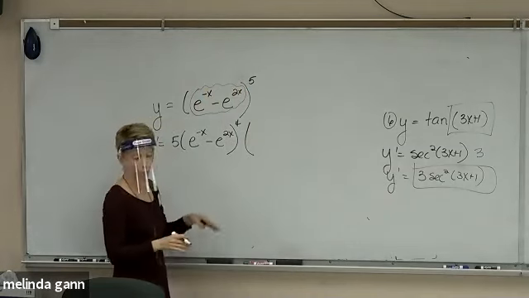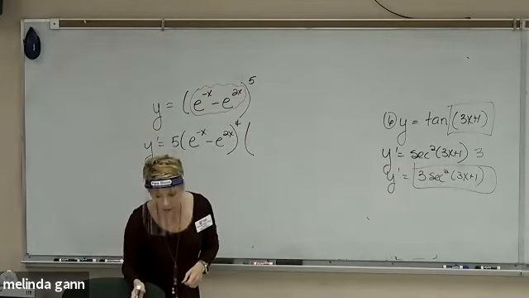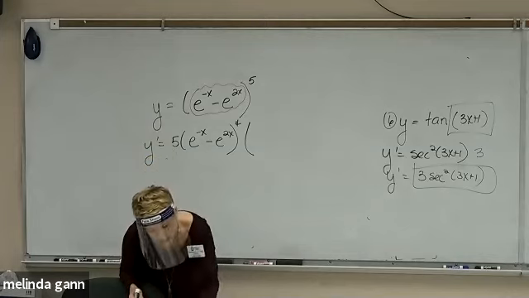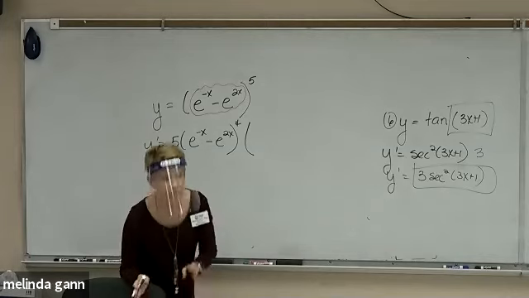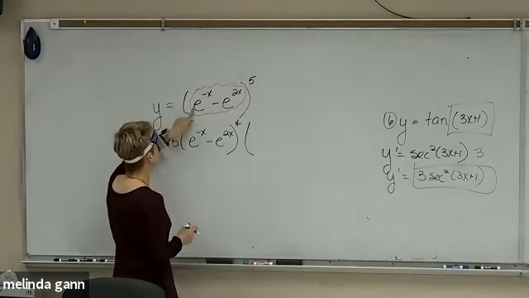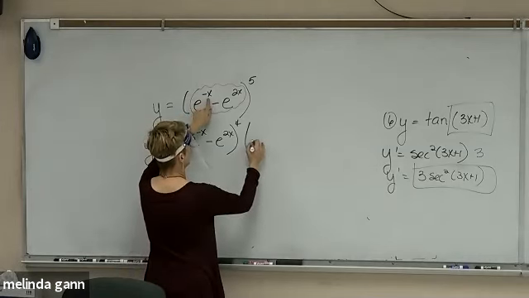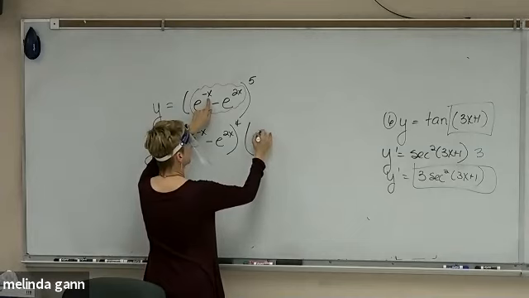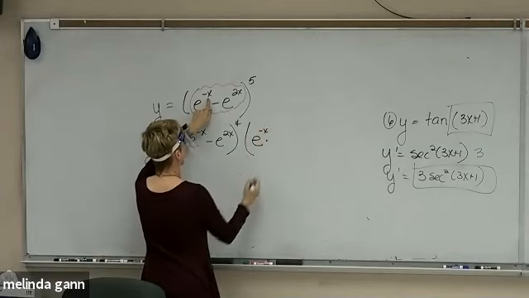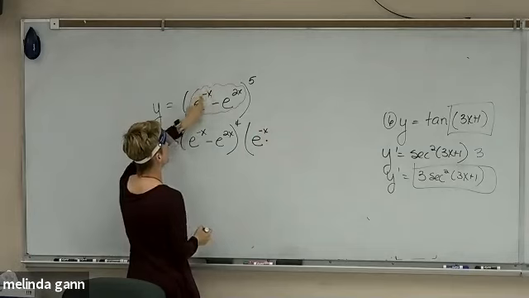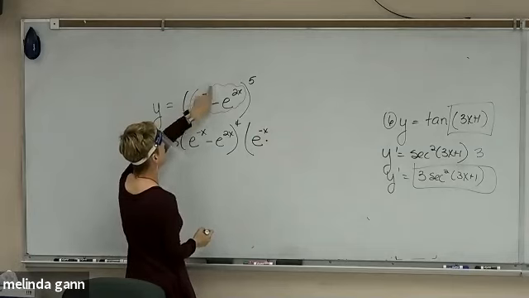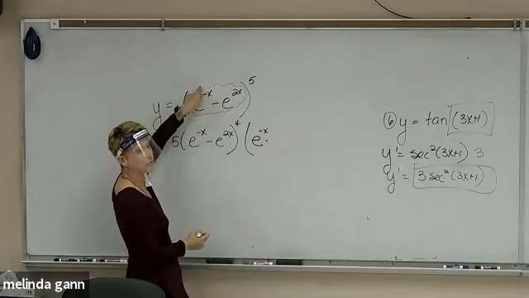I went from rule number 4, now I'm getting thrown down to rule number 7. What's the derivative of e to a power? E to the power times the derivative of the power, okay? I'm using 3 rules all of a sudden.